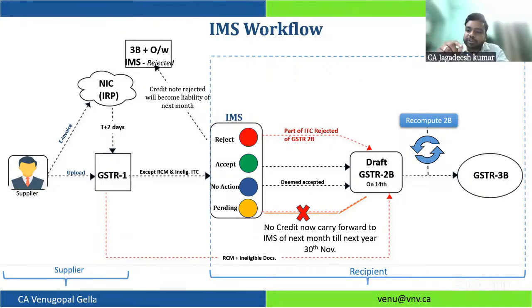In case you reject the credit note which your supplier has given to you, the liability on that record will get added to your supplier's GSTR 3B in the subsequent period.